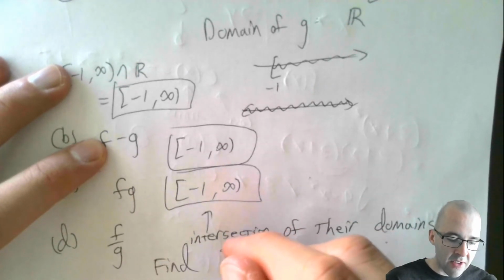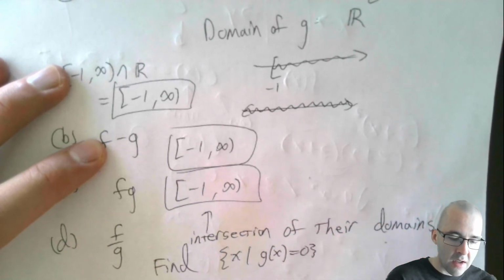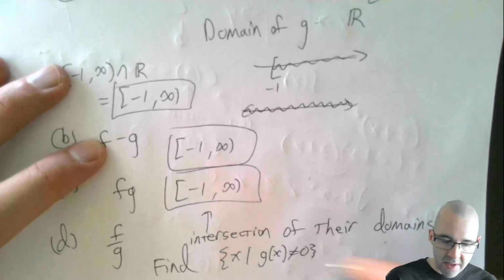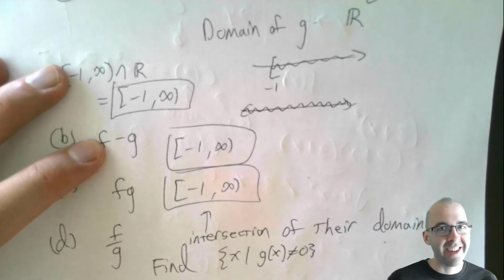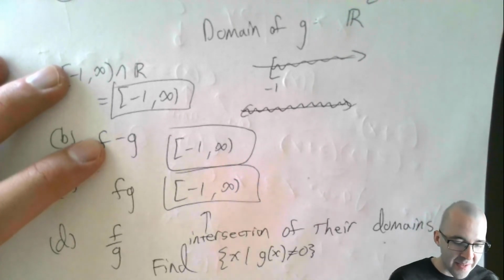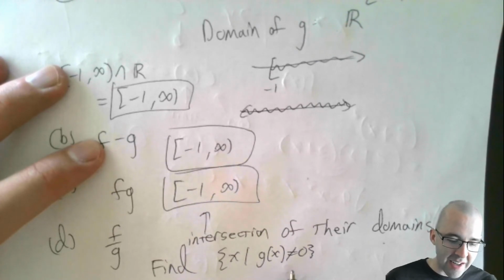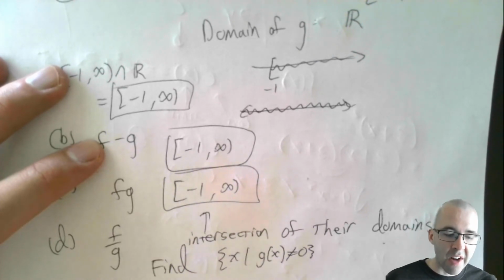We need to find the set of all x such that g of x does not equal 0. Very different. When is something equal and when is something not equal is like literally opposites. Anyway, so that's what we need to find. Find this, intersect it with that previous set that we've got.